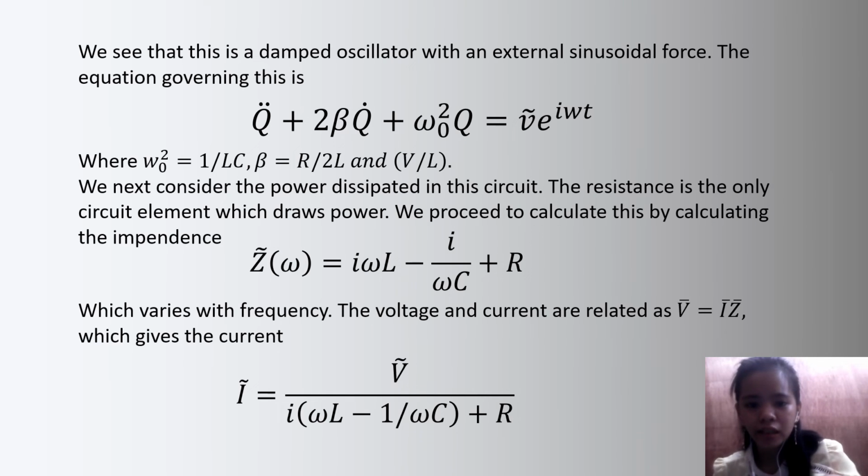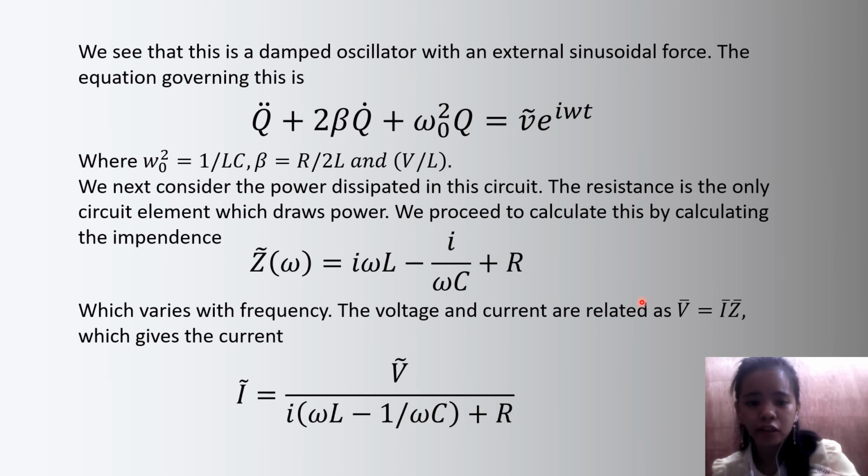So next, we see that this is a damped oscillator with an external sinusoidal force. The equation governing this is this equation, where omega 0 is equal to 1 over root LC, beta is equal to R over 2L, and the force amplitude is V over L. The next consideration is the power dissipated in the circuit.